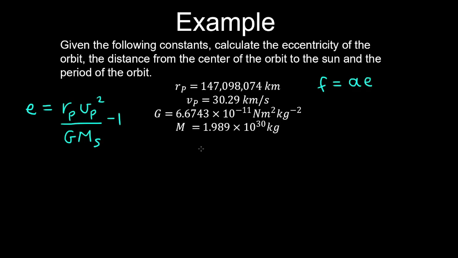And we can obtain the period of the orbit using Kepler's third law, which was the period squared on the length of the semi-major axis cubed is equal to 4 pi squared on the universal gravitational constant by the mass of the Sun.